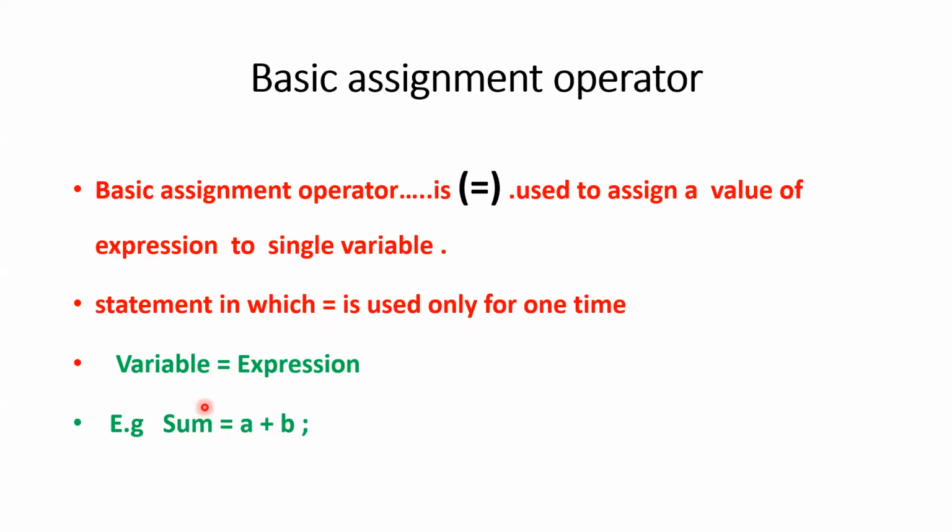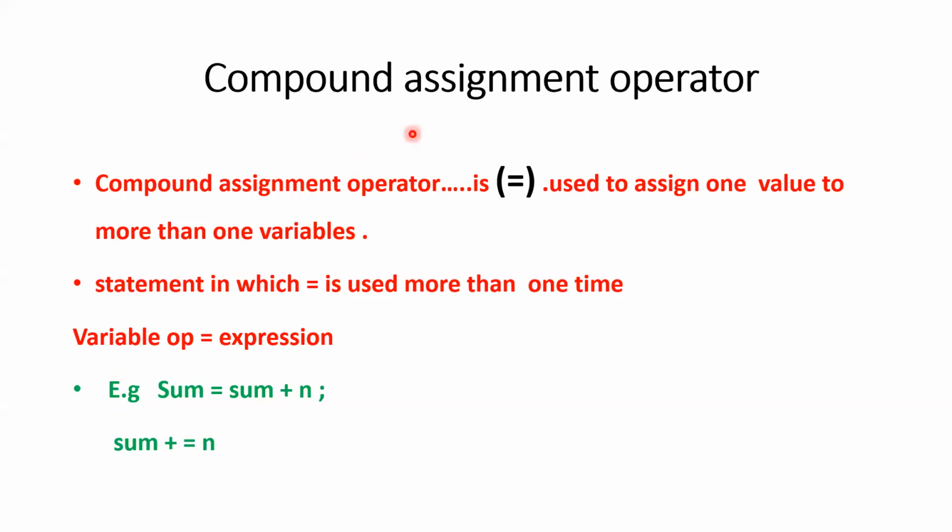Clear? And this sign is used only one time when they add it and then assign the value to sum. Okay? This is the basic process. The second one is compound assignment operators.